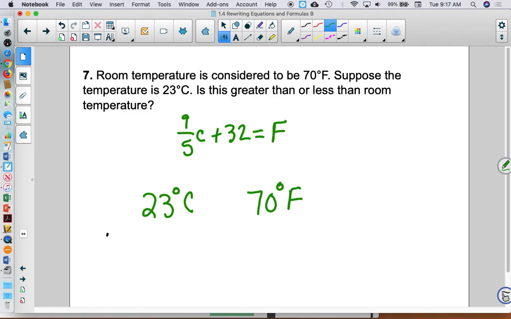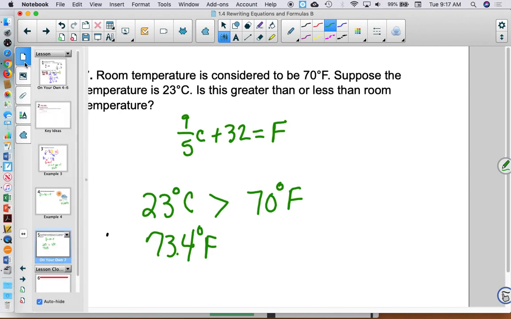Michaela? 23 degrees Celsius is greater than, because 23 degrees Celsius figures out to be 73.4 degrees Fahrenheit. You can't compare Celsius to Fahrenheit. You have to convert to know the answer to that question. It's like comparing apples and oranges. You've got to be able to convert them to the same increments.